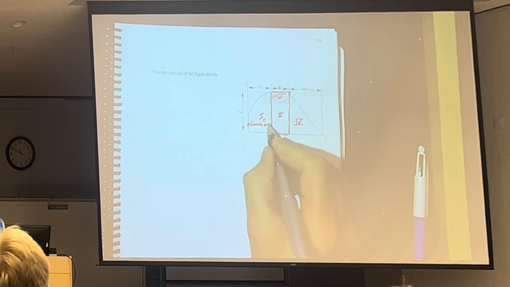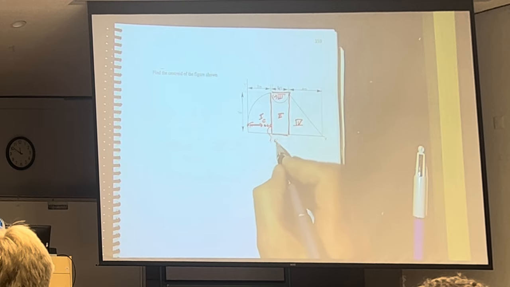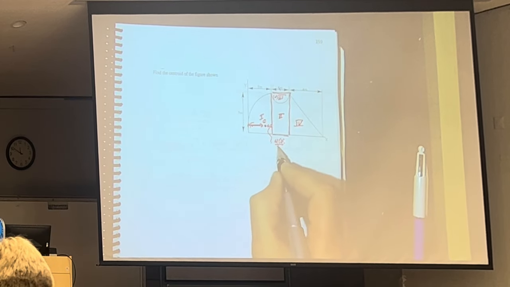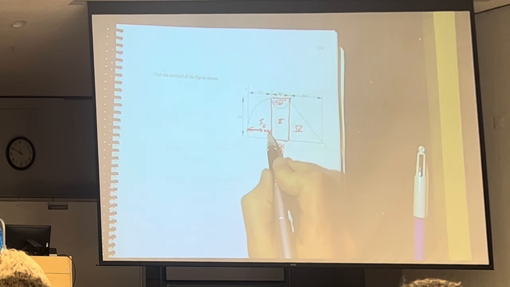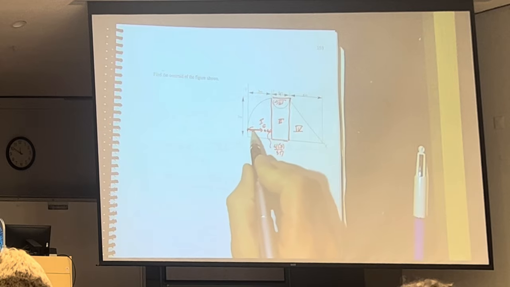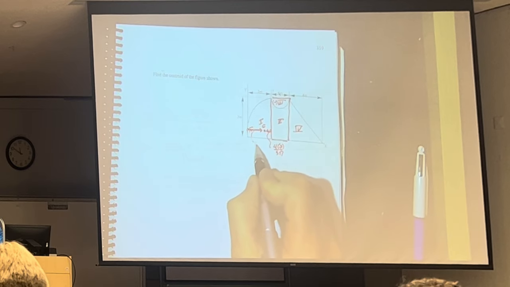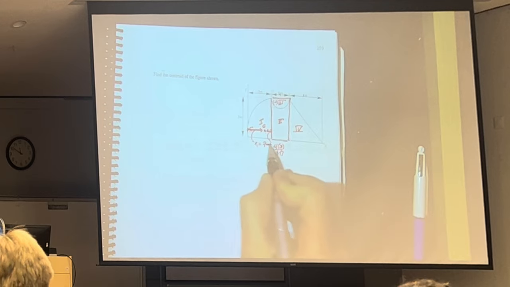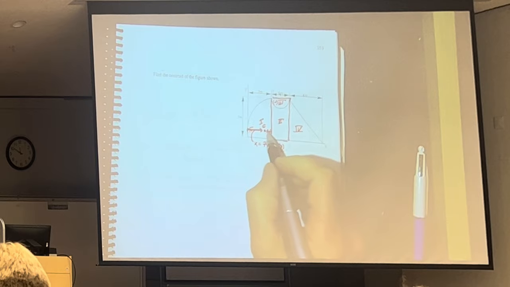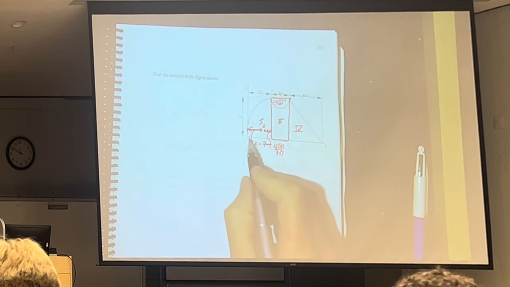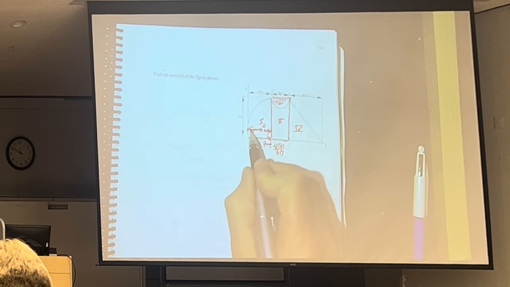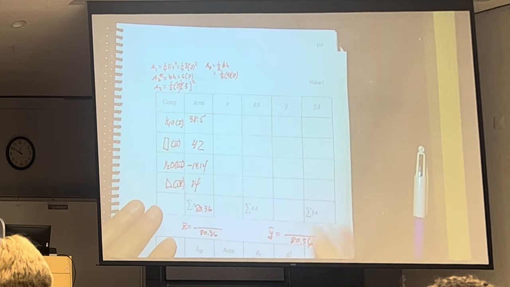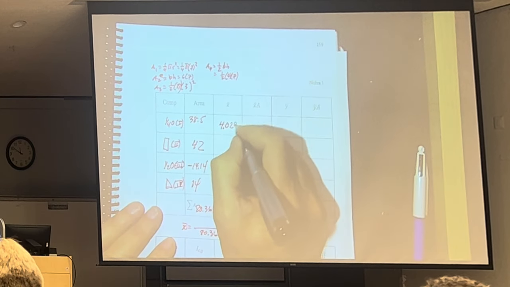But I know this distance from the straight edge is 4 times 7, divided by 3 pi. That's that distance. So to get this distance, I'm going to say x1 is 7 minus that. You see that? If this distance is 4r/3 pi, this whole distance is 7, then this distance has to be 7 minus this to give me that. So in this case, I'm going to say this is 4.029.